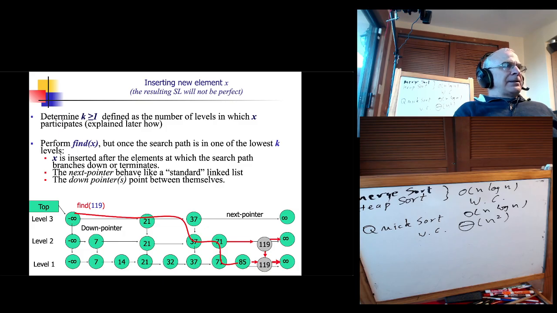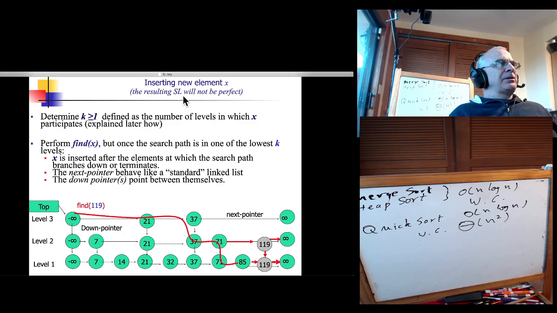We started to discuss the insert algorithm into a skip list, and the insert was going as follows. I first pick a number k, and this number k is some value for which we need a pretty sophisticated and involved algorithm to decide. And after we decide what k is, we want to insert the newcomer x.